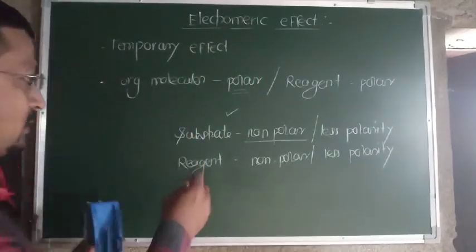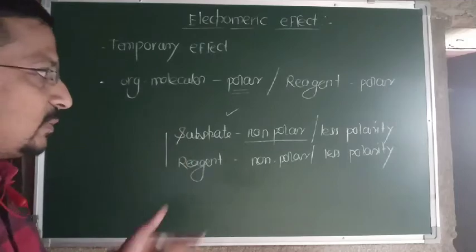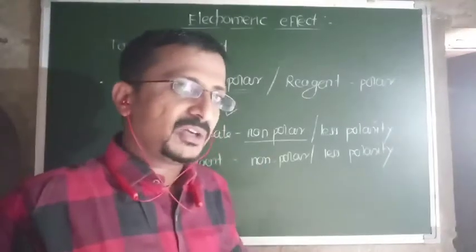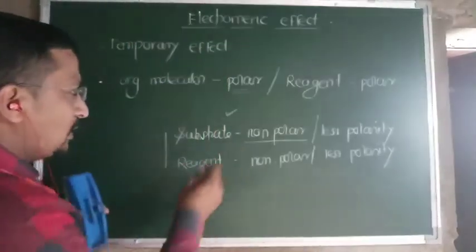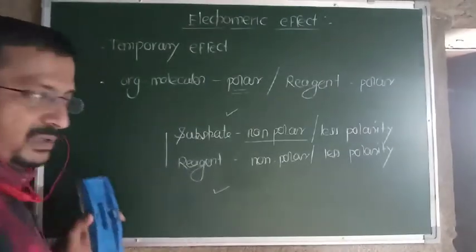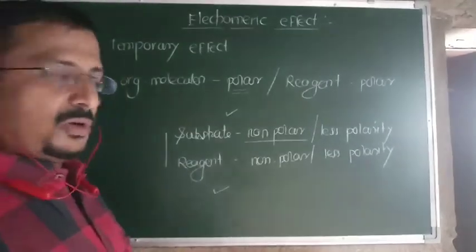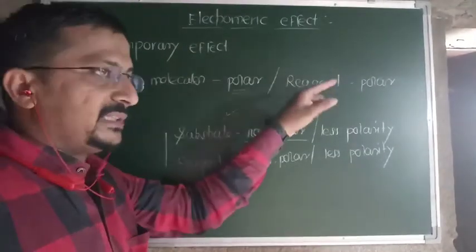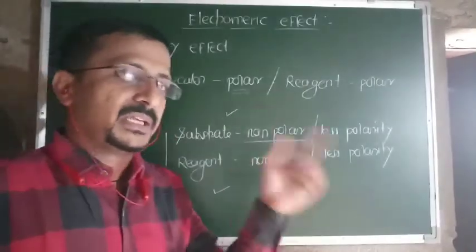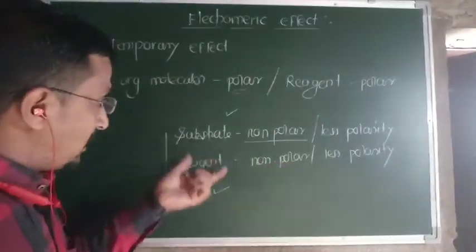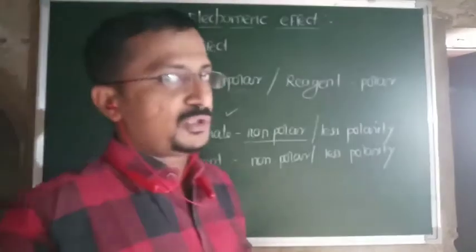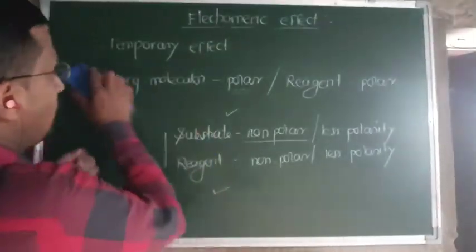Even though substrate and reagent both have less polarity or non-polarity, the reaction between them easily occurs. We understood that if there is polarity in either the reagent or substrate, the reaction proceeds, isn't it? But in the case of non-polar also the reaction occurs. So how can this be explained? By means of a new concept, electronic effect, that is the electromeric effect.